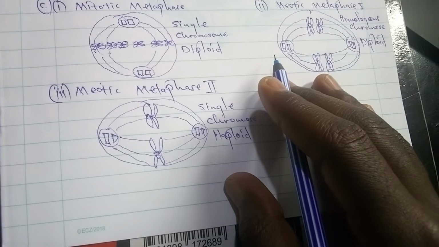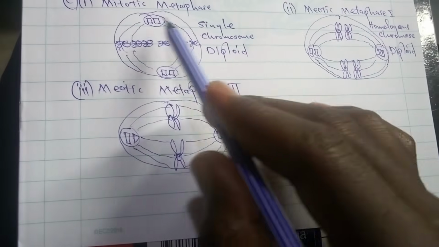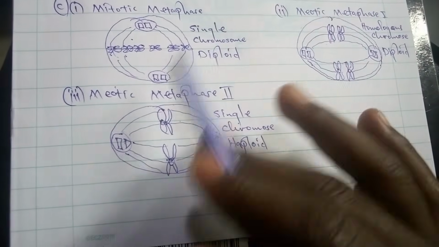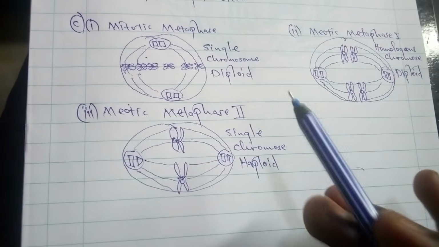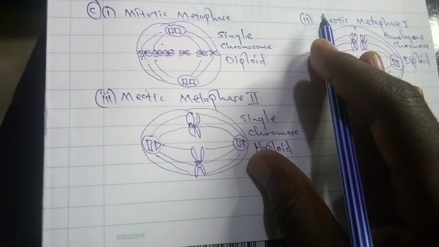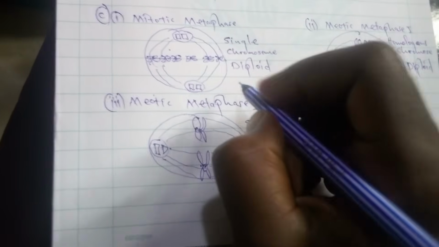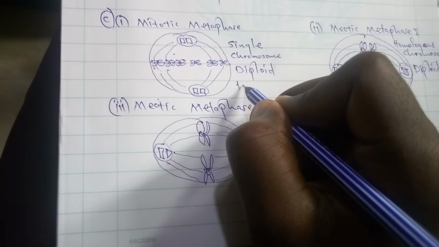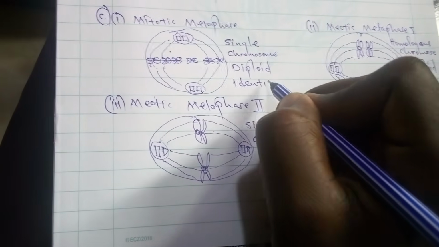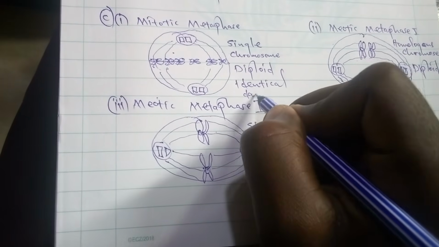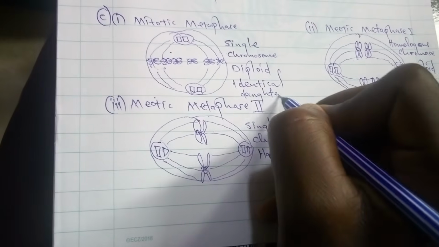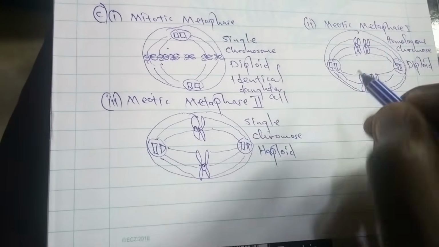And then another thing that you can talk about is the aim of the three phases that are being illustrated. The aim of this is to produce identical daughter cells.